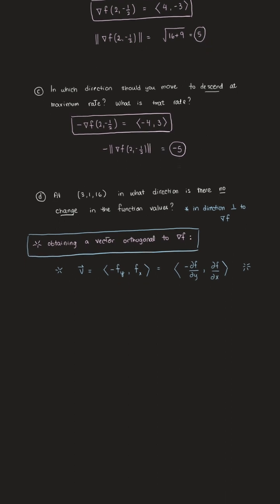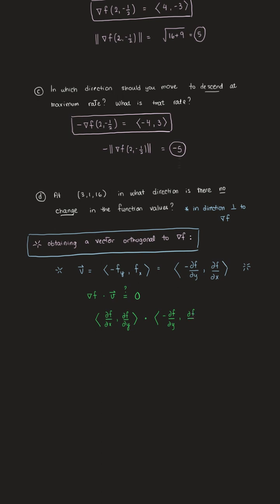To check that this has to be the case, let's find the dot product of our gradient with this vector, because if these are truly orthogonal, then the dot product should give us a value of 0. So let's check. We are taking the dot product of the gradient, the partial of f with respect to x and the partial of f with respect to y, with this vector v, where we've switched the components and made one negative.